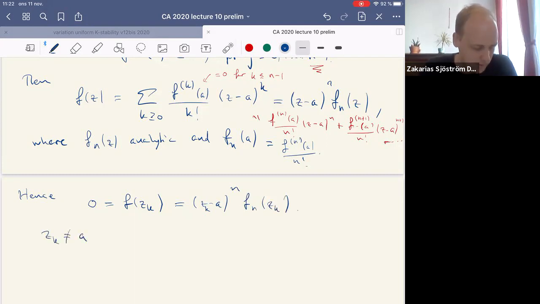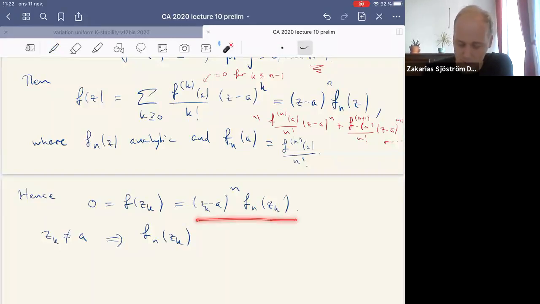And since z_k is not a, what does this imply about f_n of z_k? You see here that this product is equal to 0, but if this one is not 0, because z_k is not equal to a, then this one has to be 0.